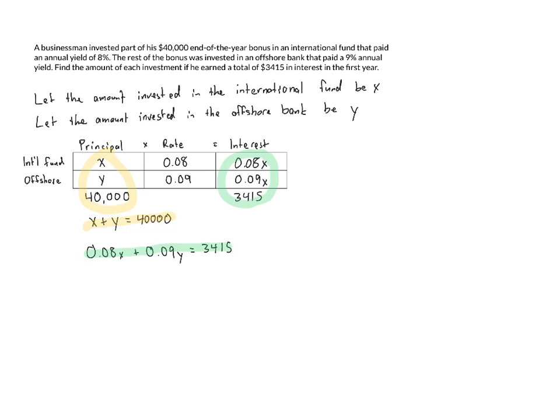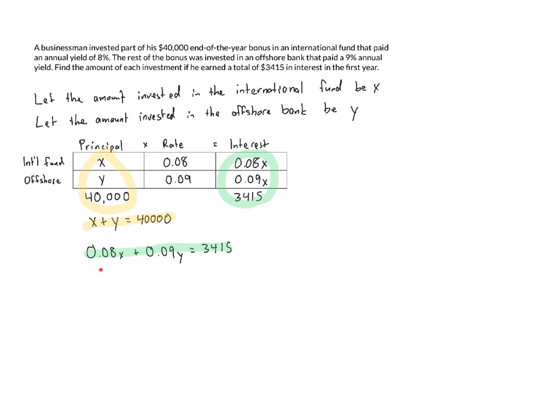We're going to use substitution here. Substitution is going to be a little bit easier because elimination with decimals becomes a bit more work. So we want to isolate one of these variables. You can choose either x or y. It doesn't matter. You're going to get the correct answer either way. However, there is one that's going to be a little bit less work.